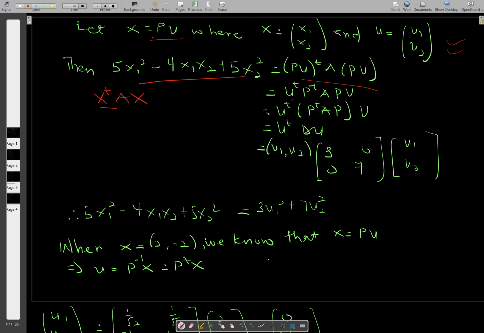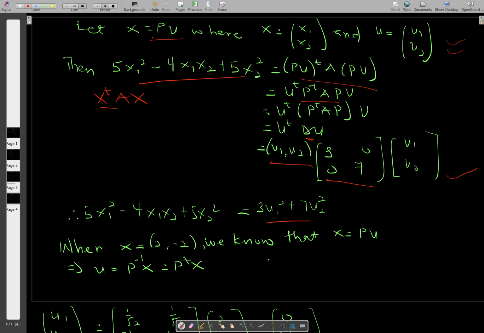And this is the same as u transpose P transpose A Pu. But we know that P transpose AP is D. So we get u transpose Du. So we get u1, u2, and this is our D, and this is our u. When you simplify this, you get 3u1 squared plus 7u2 squared. That's the first part of the question.